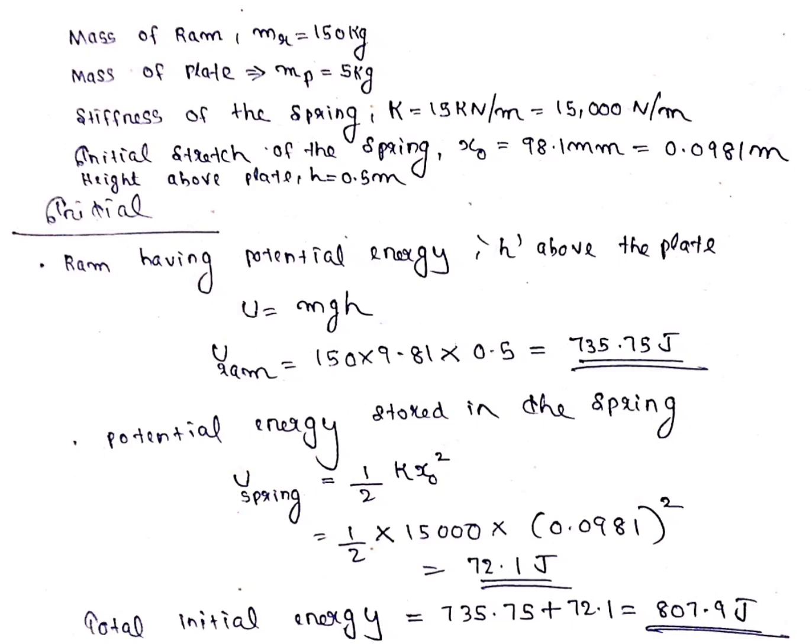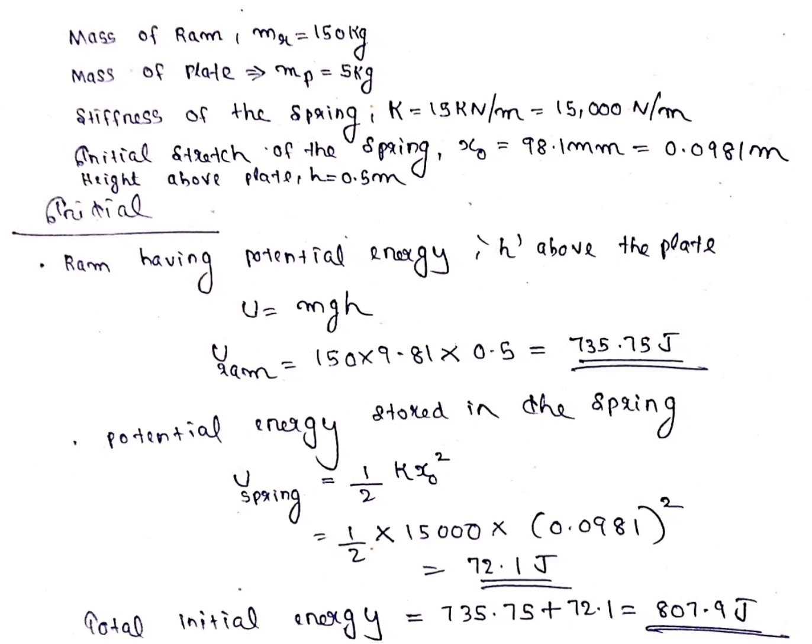The basic formula of spring energy is half k x squared, x being the displacement or stretching. Since it is the initial condition, I am calling it x naught. So the initial potential energy of the spring is half k x naught squared. Half into k, 15,000, and x naught is 0.0981 meter. So I got the initial spring energy as 72.1 joule.